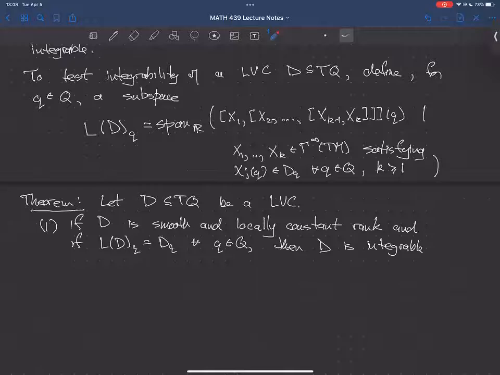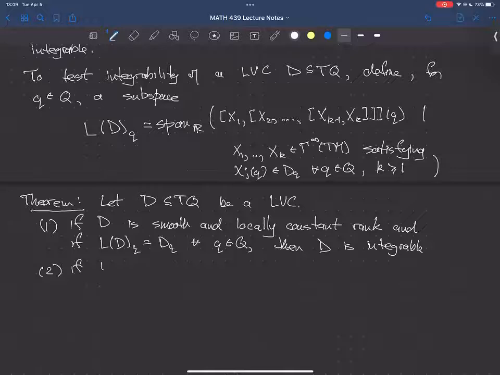If you take two vector fields, x1 and x2, in D, and the Lie bracket of those is in D, then you're done. Because then you'll immediately have this condition, since if you recursively apply that definition arbitrarily but finitely many times, you're not going to get anything different.